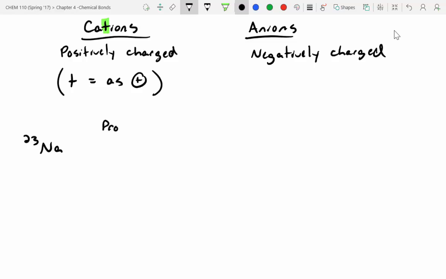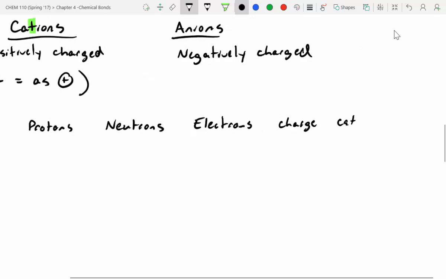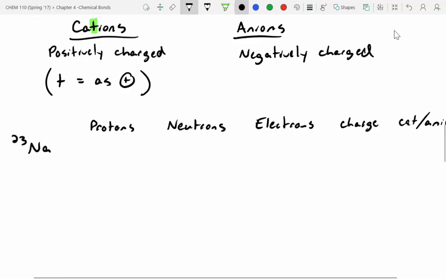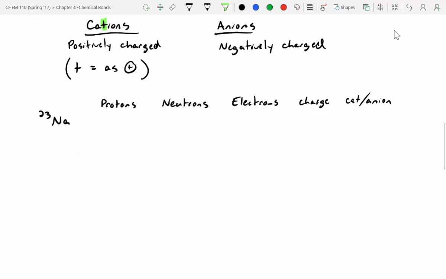Let's do protons, neutrons, electrons. We'll do a charge. And then I'll put cation or anion. Okay, so let's do this first one real quick.